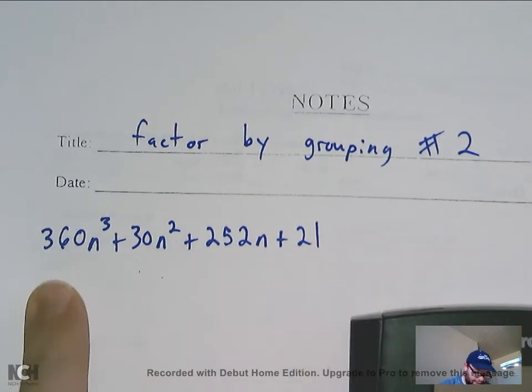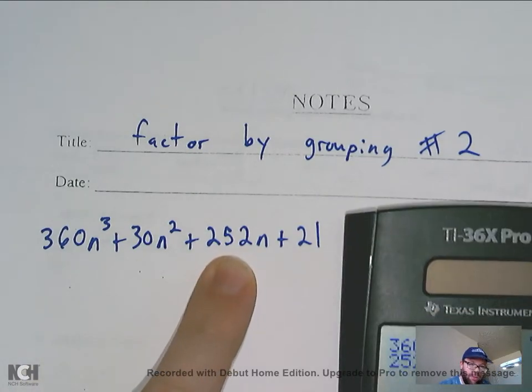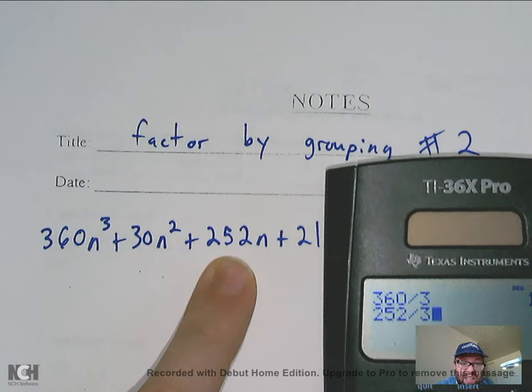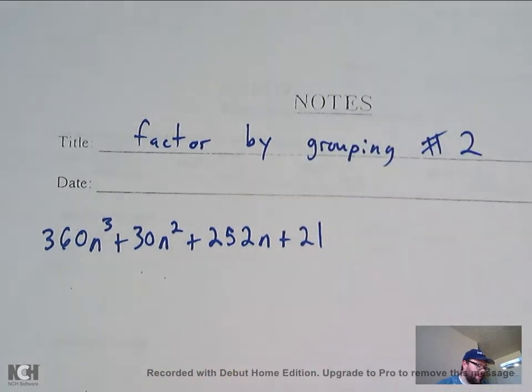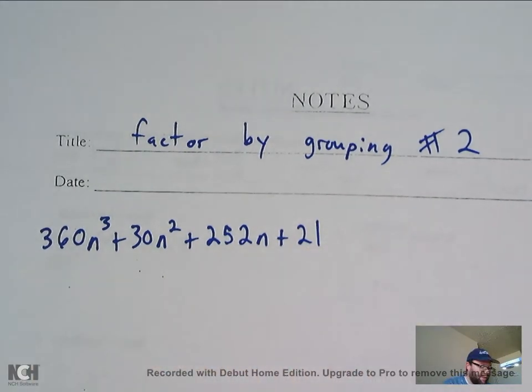I'm pretty sure 360 can be divided by 3. It's 120. 252 I'm not sure about, so I'm going to check. 252 divided by 3 is going to be 84. Okay, so that means I can take out a greatest common factor of 3 before I even start.